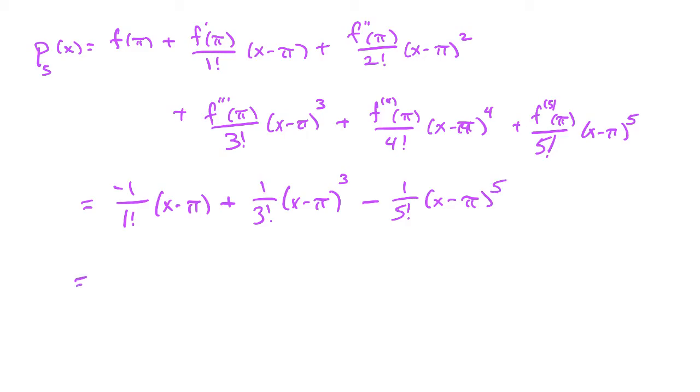We end up with a final answer of minus x minus pi, plus 1/6 times x minus pi cubed, and finally minus 1 over 120 times x minus pi to the fifth. This gives us our fifth degree Taylor polynomial for sine centered at pi.